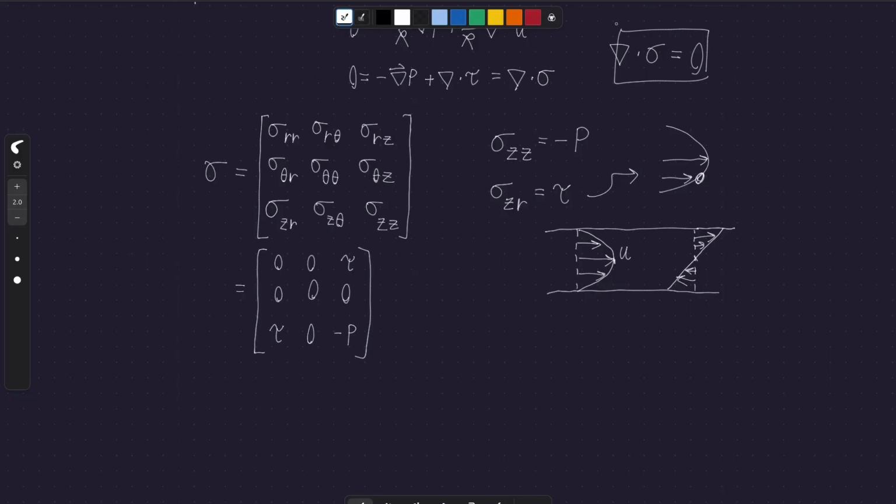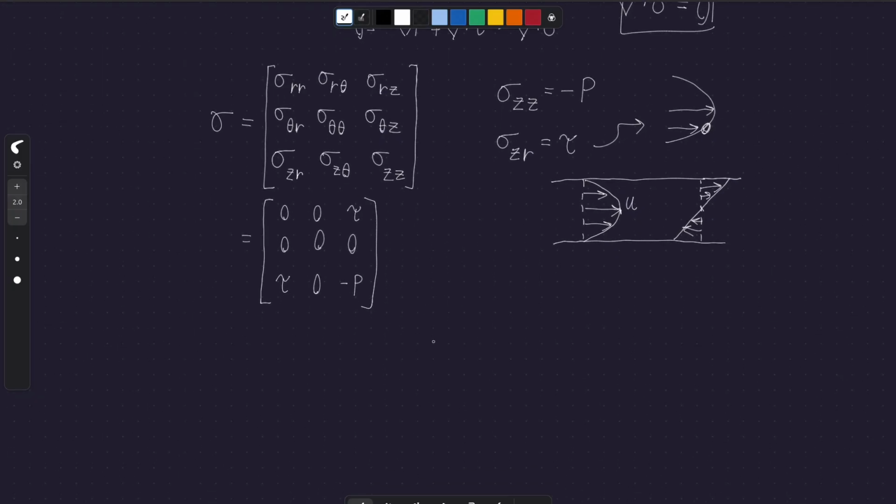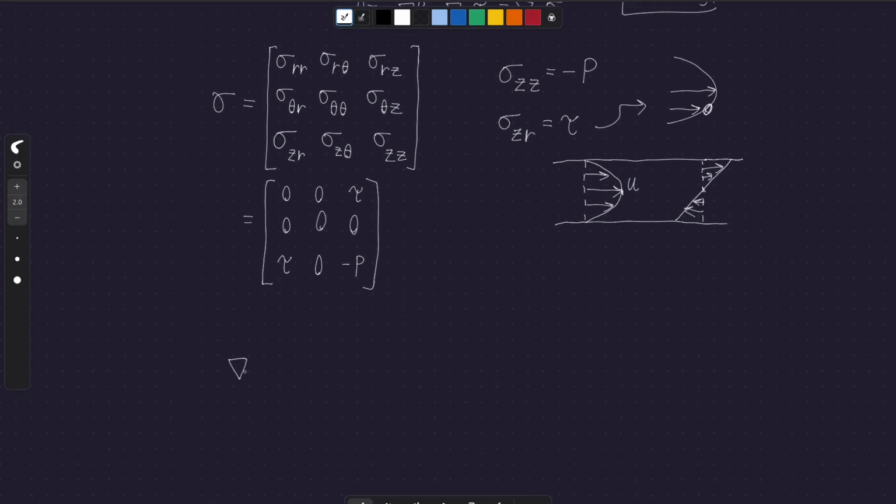Now we need to do the tensor divergence. In cylindrical coordinates, the formula is a bit long, but here it is. I got this from a Wikipedia page, and I'll put the link in the description.